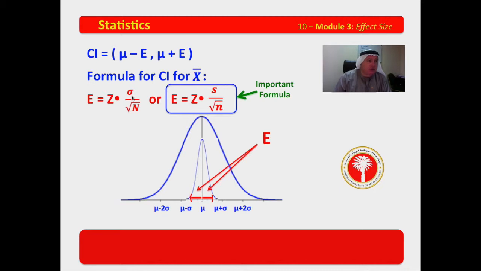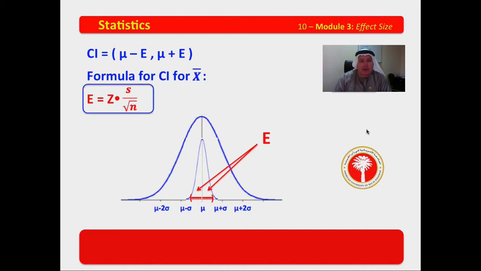This one is theoretical, it's very good, it's wonderful to know, but since we will probably never know the mean of the population nor the standard deviation of the population, and probably not even the number in the population, we generally work with a sample where we know the standard deviation of the sample and we know the number in the sample, and of course we can calculate X bar for the sample.